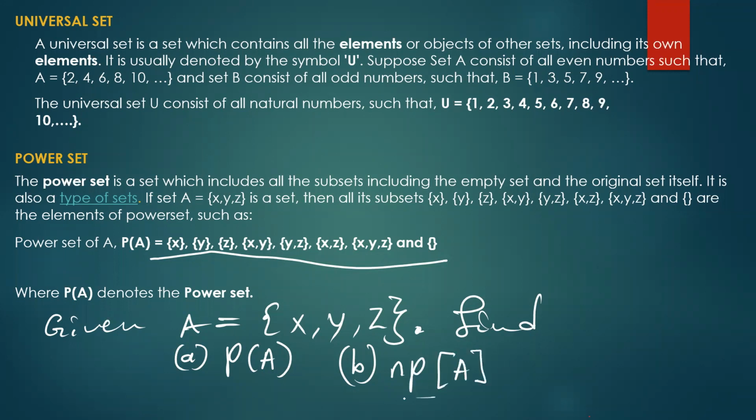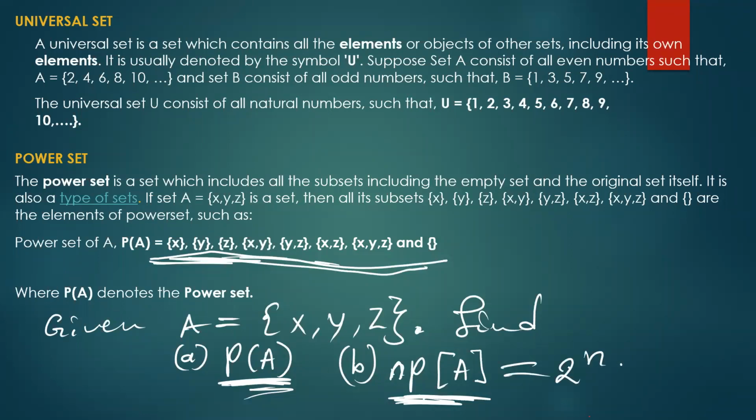If you see anything like this, it means they're asking you to find the number of elements in the power set. So the symbol P of A is simply asking you to list the power set in this manner, and this one is asking you to find the number of elements in the power set, which is simply given by 2 to the power n.